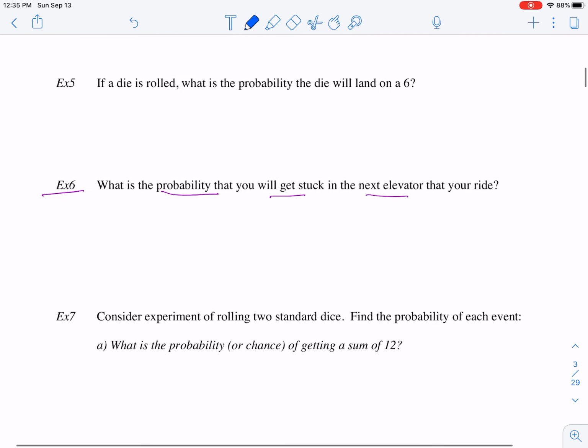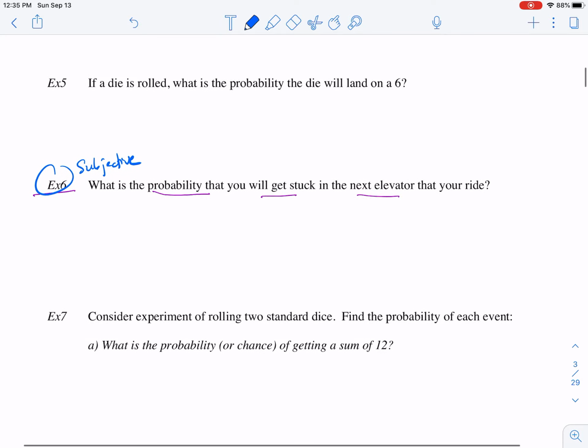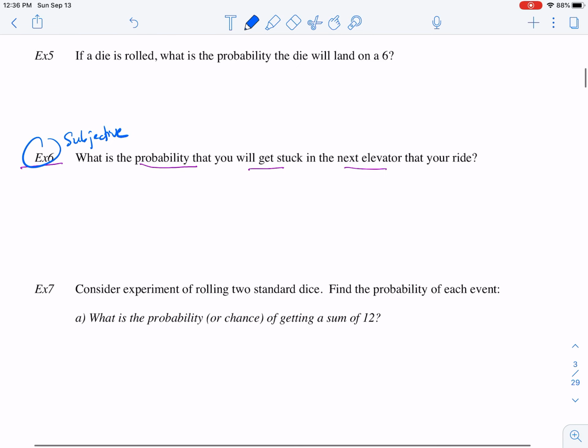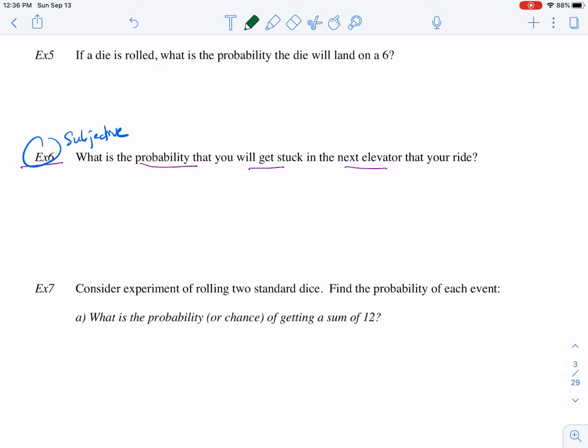Exercise 4 here. Oh no, 6 here. This is subjective. We're going to skip 4 because that's something I do in a classroom, but now we're not doing this in a classroom, so I'm going to skip example 4. Exercise 6 is subjective. It depends on your experience. In my case, I have gotten stuck in an elevator before, so I'm going to say the probability of me getting stuck in the next elevator ride is probably around 10%.